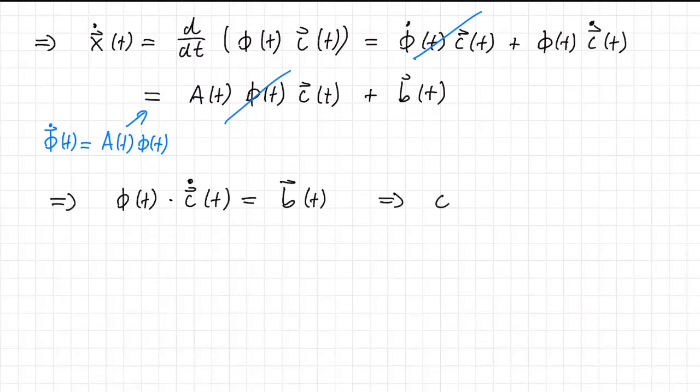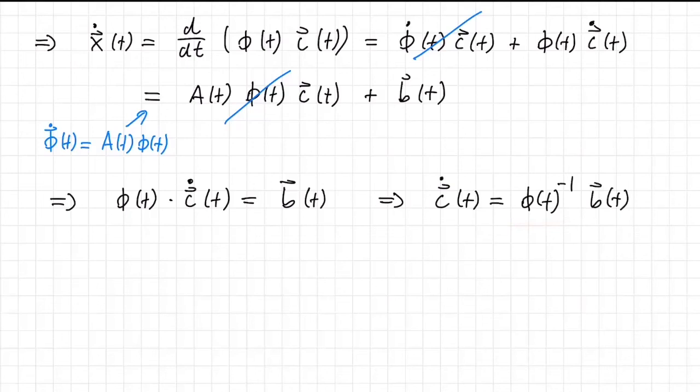And we get c dot of t equals phi of t to the minus 1, so the matrix inverse, times b of t. And the point is that we can always take this matrix inverse because we actually showed that the phi's are only a basis if the determinant of this matrix consisting of these vectors is not equal to 0, which means it's invertible. So that's nice, so we can always do that.